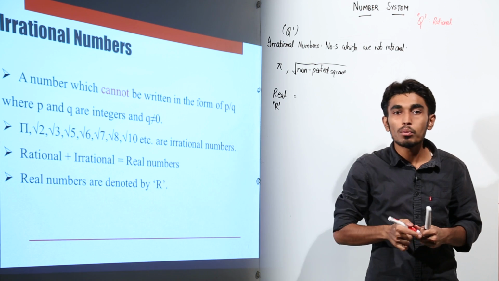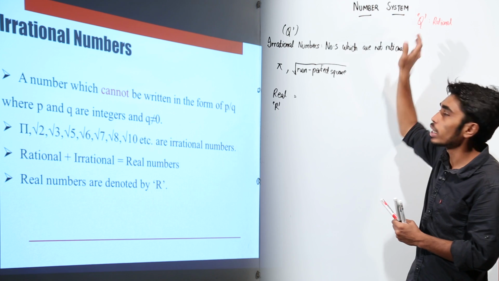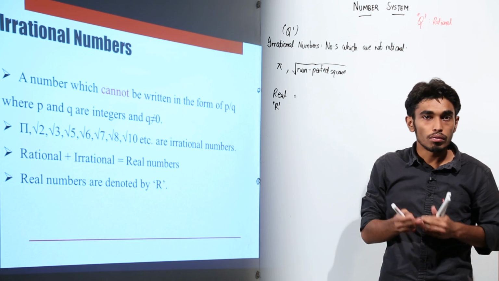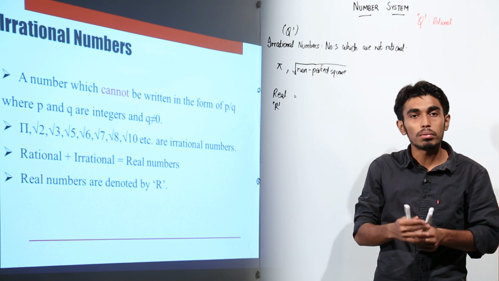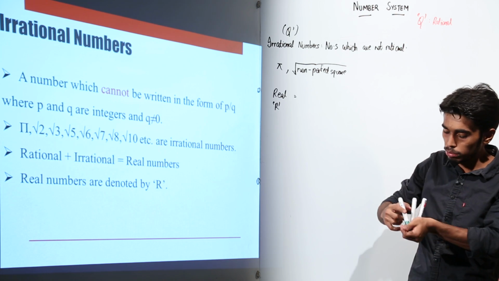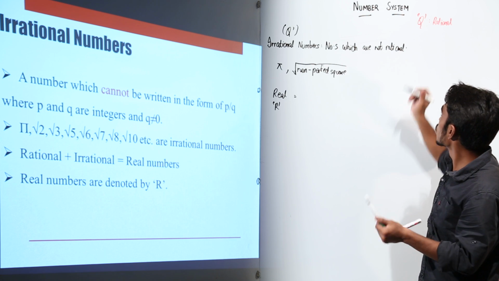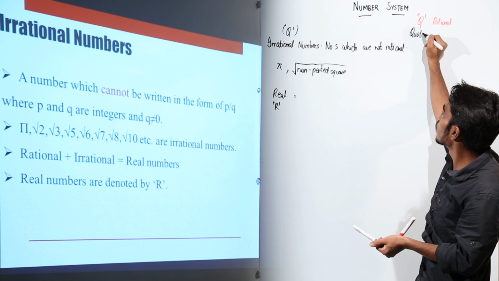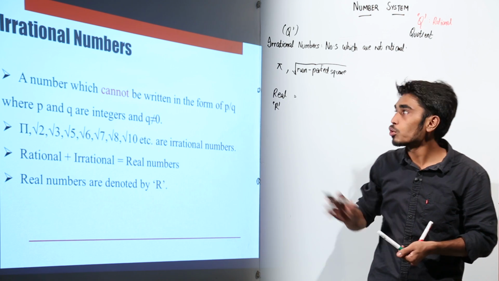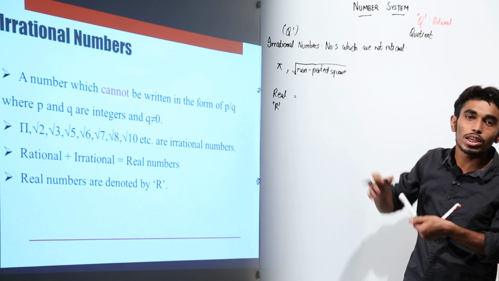Now you might be wondering, why is rational denoted by Q? That is because rational comes from the word ratio. We know what a ratio is. When we divide two numbers, we call it a ratio, right? And Q comes from the word quotient. Q stands for quotient. Now what is a quotient? When we divide two numbers, we get a quotient. So that is nothing but the ratio of two numbers.